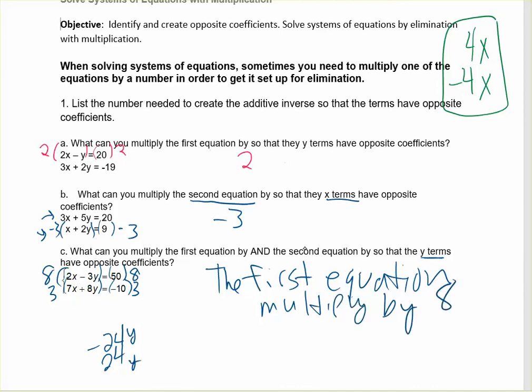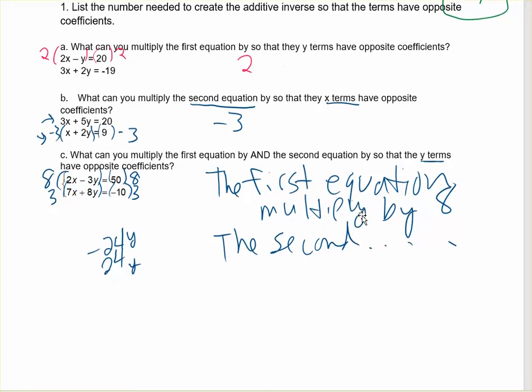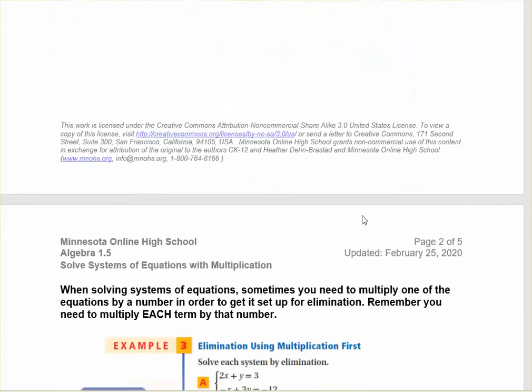And the second equation, you can finish writing it, you're going to multiply by 3. And that way you'll get negative 24 for both of the coefficients, and then you can proceed with solving this system by elimination. You'll be able to add them together and eliminate one of the variables.